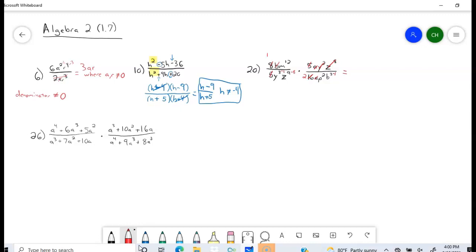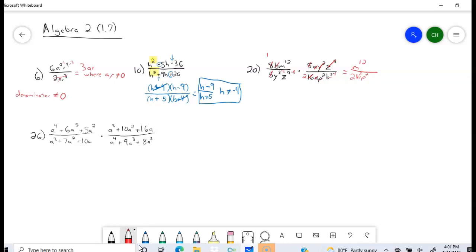The top is just going to be m to the 12th. The bottom is going to be 2. I've got a b squared. So that one's done. I've got a p squared. That one's done.